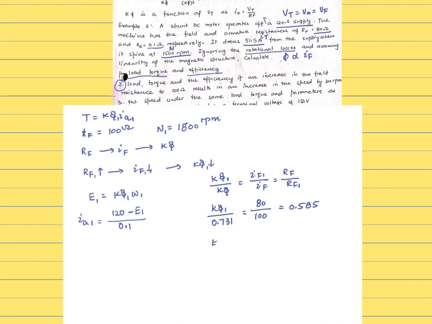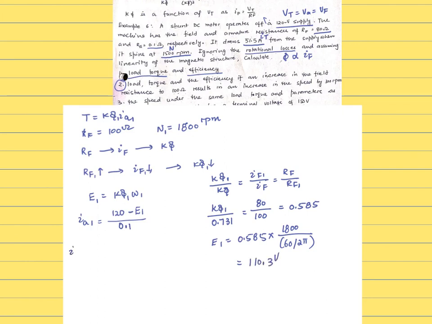Then I'm going to say E1 is 0.585 times 1800 divided by, so that gives you 110.3 volt.